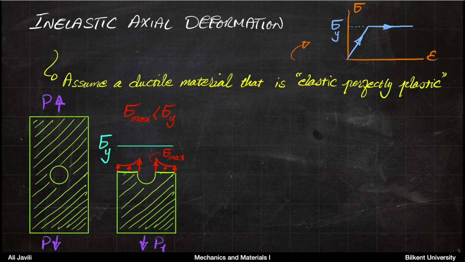For a value P1, let's say we apply that force P1 and we cut the specimen in the middle. Cutting the specimen in the middle gives us the stress distribution on that particular cross section. As we spoke previously, you get more stress closer to the hole and less closer to the edge, and then you get a distribution between them.